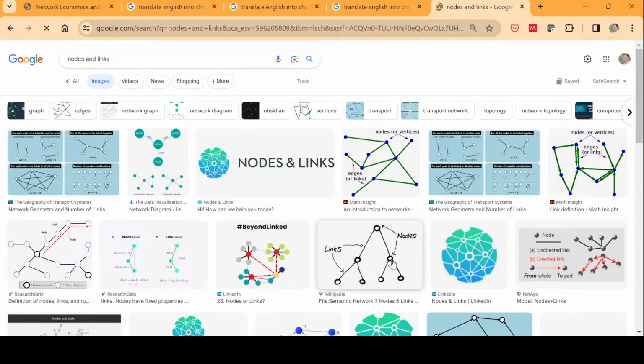So here is a very important difference between network externality and economies of scale. Economies of scale is because as the scale gets larger, with more quantity produced, you gain the economies of it, reducing average cost.